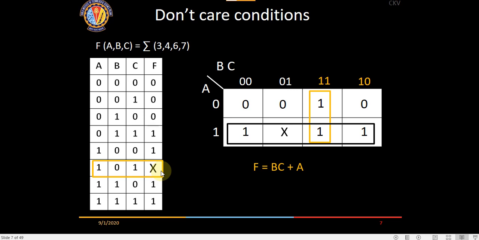Okay, sir. You can also leave this now. If you take X, you may use it or you may not use it. You can use it if it simplifies your expression. Just to include X, you should not make an additional box and complicate things.